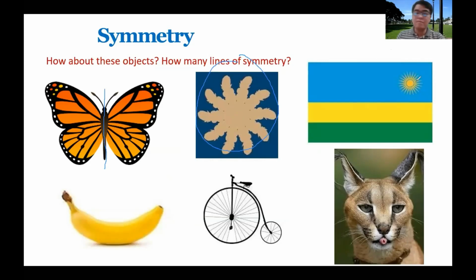The flag, if we just consider the shape, could have 2, 3, 4 possible lines of symmetry. The banana has none. The bicycle also has none. But this picture of the lynx could have a line of symmetry right here in the middle.